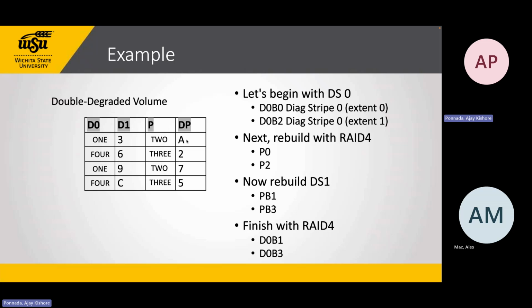XOR these two to get this one, XOR these two to get this one, and these two to get this thing. That's it. So that's the extension. Whatever we do for the first row, we do the same thing for the next two rows to calculate the parities. That's it. So I guess you now know the answer why we haven't done the diagonal parity.